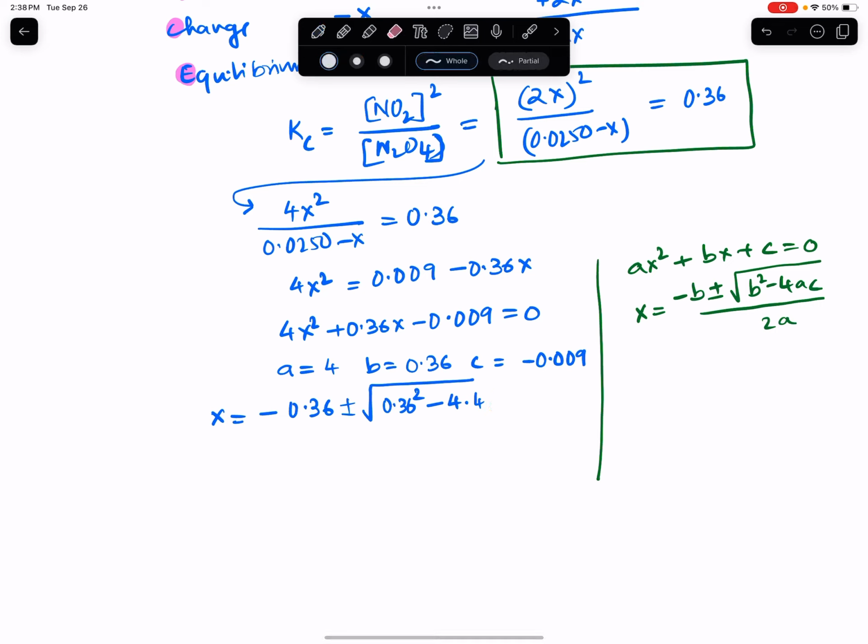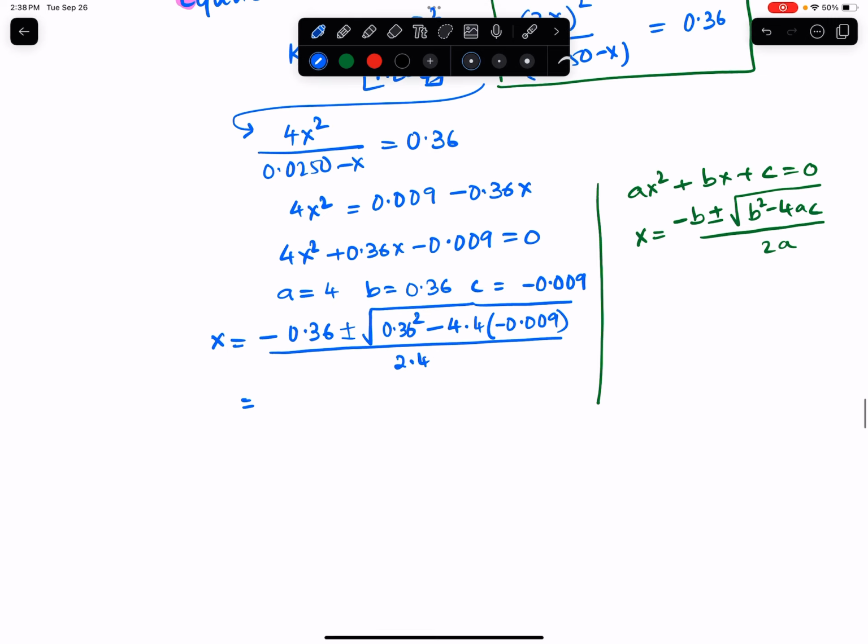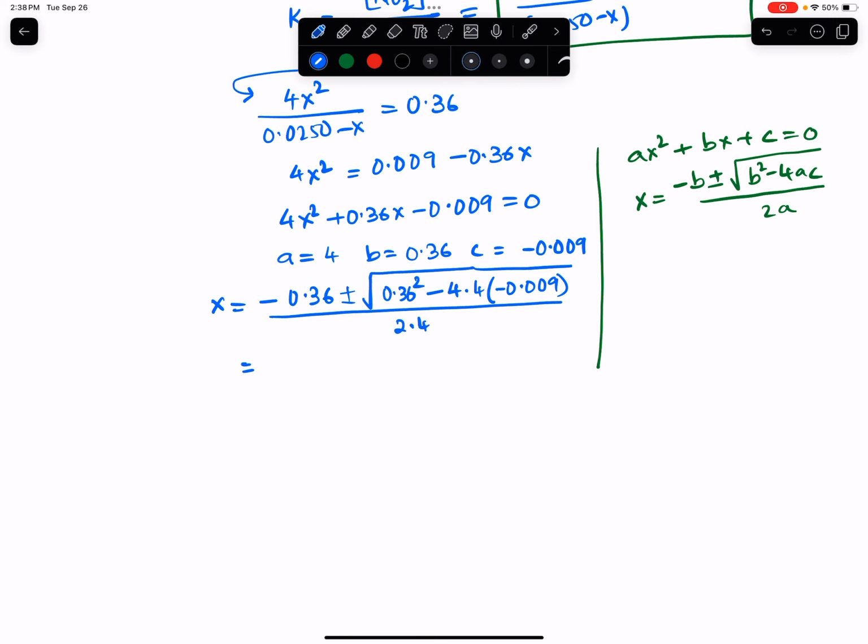I keep forgetting the negative. Negative 0.009. And the whole thing is over 2a, which is 2 times 4, which is 8. Let's go ahead and write that as 2 times 4.